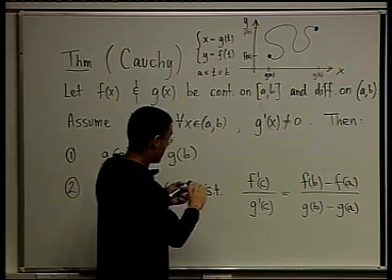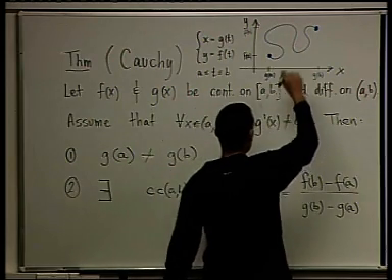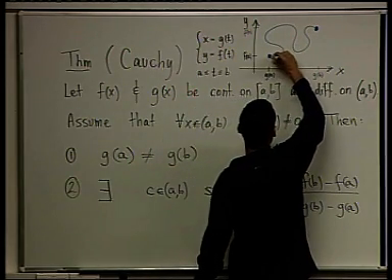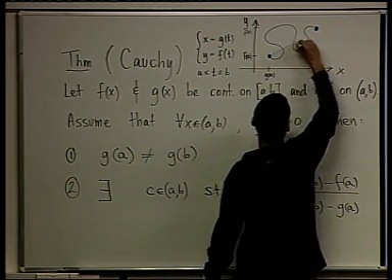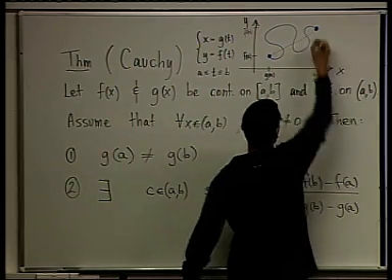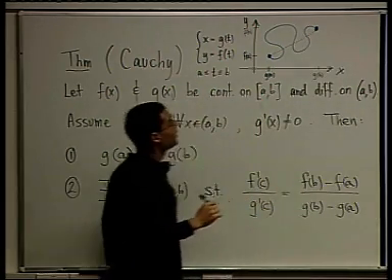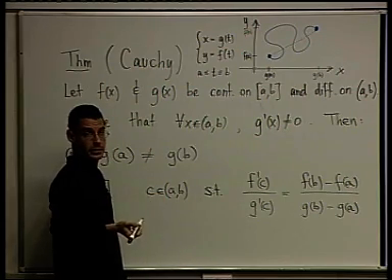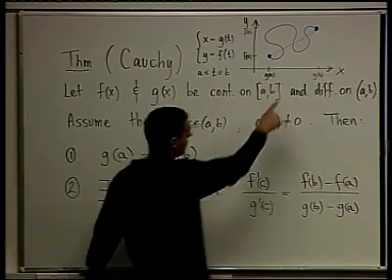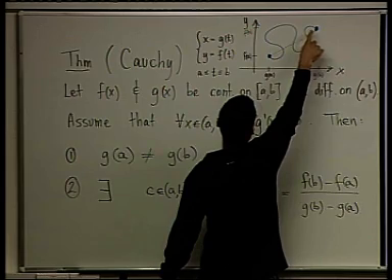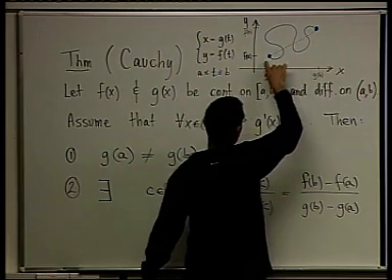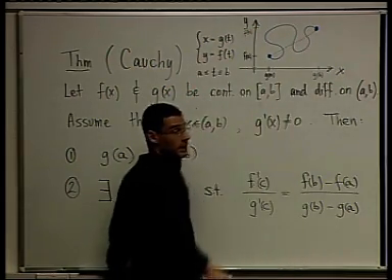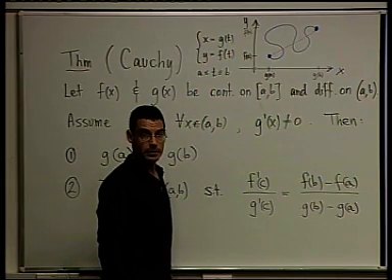Now, the slope of this line here is what? It is the difference of the y values, right? So it's f of b minus f of a divided by g of b minus g of a. Do you agree?